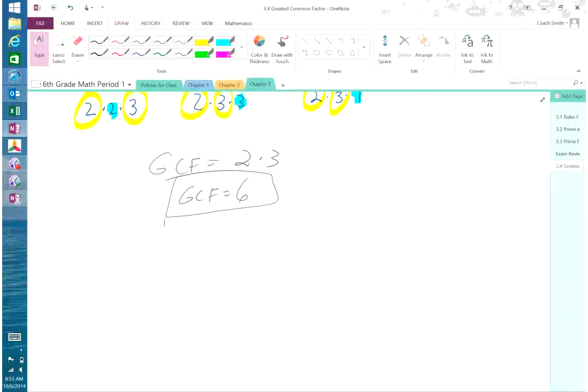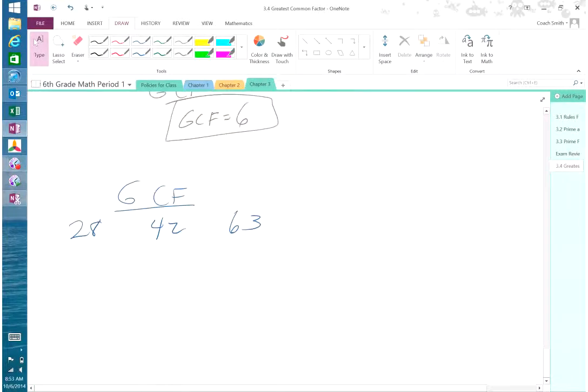Okay, let's do a harder one: 28, 42, and 63. I want to know the GCF of 28, 42, and 63. Eventually, you'll be able to see these prime factorizations in your head. Right now, you can't because it's newer stuff to you.